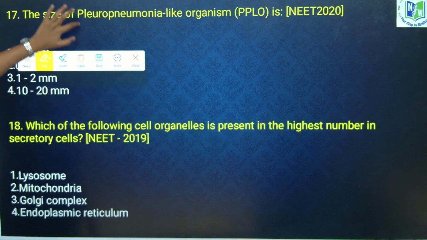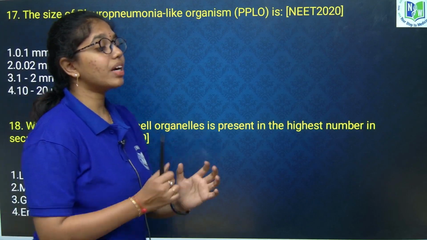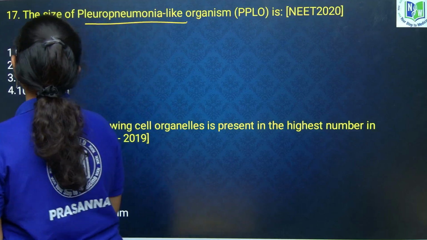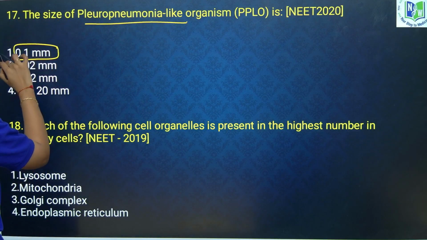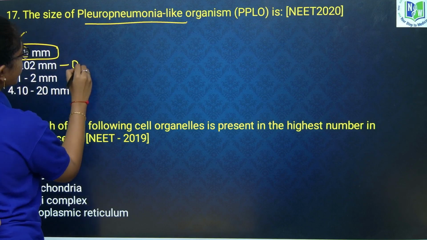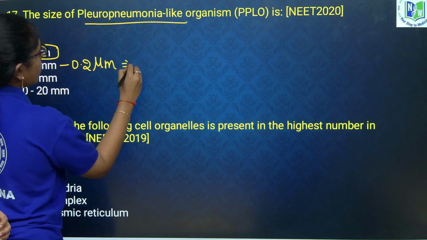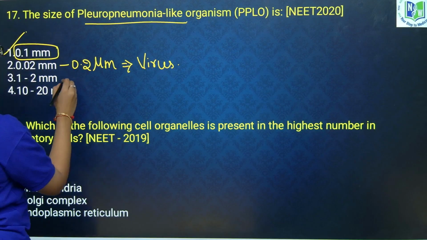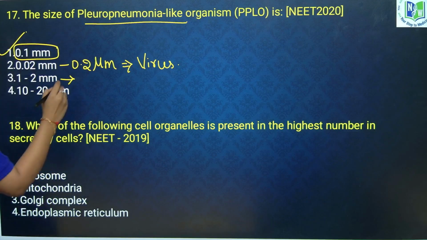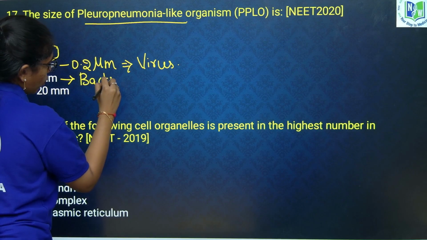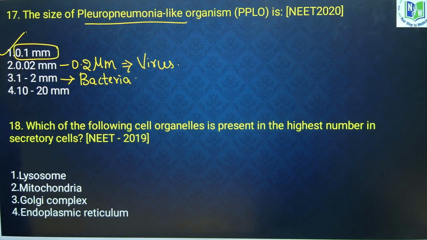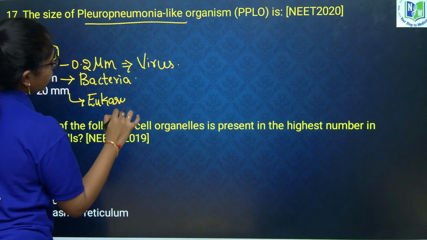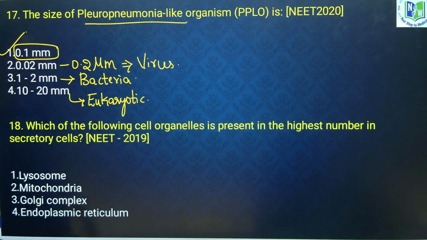In the diagram in NCERT where he has mentioned the different sizes of cells, he has mentioned the size of pleuropneumonia like organisms, that is 0.1 micrometers. 0.02 to 0.2 micrometers is for virus, the approximate size of virus. 1 to 2 micrometers is the approximate size of bacteria. 10 to 20 micrometers is the size of eukaryotic cells.